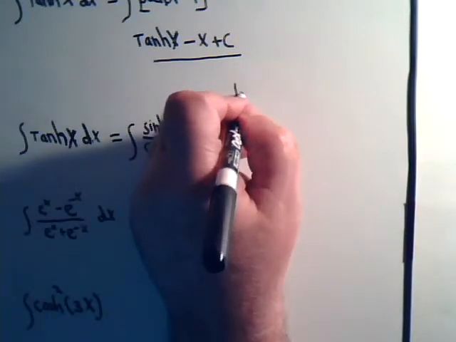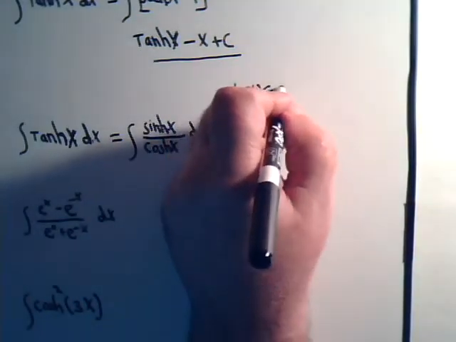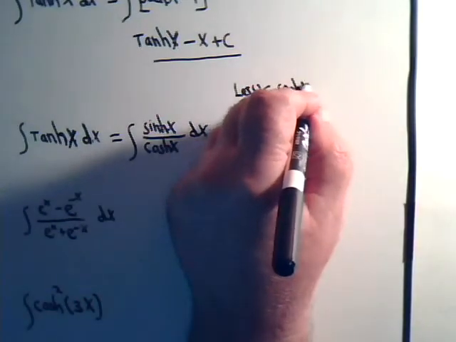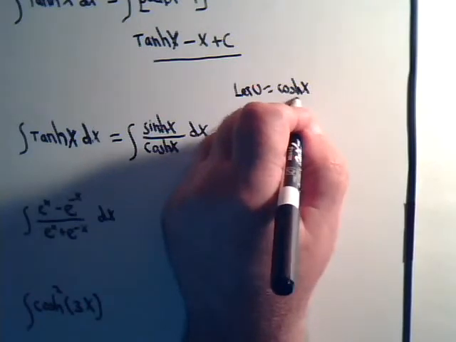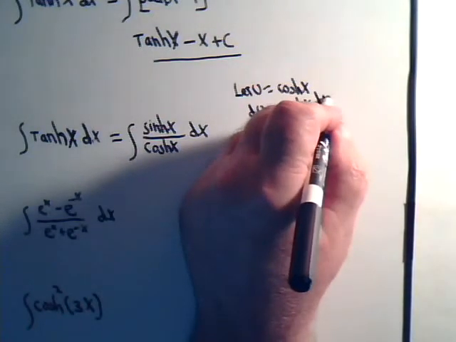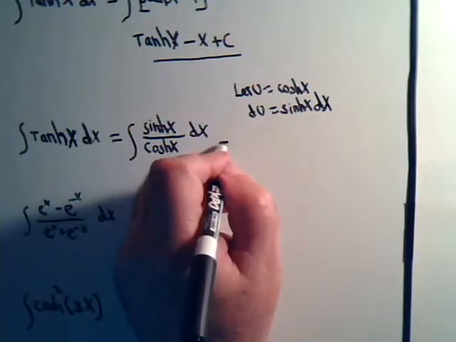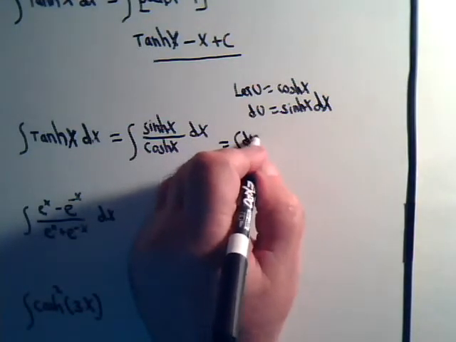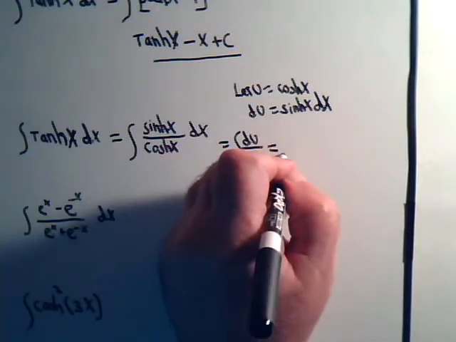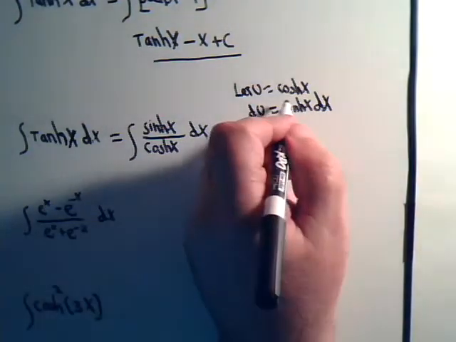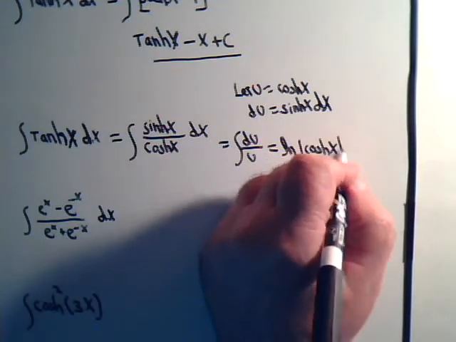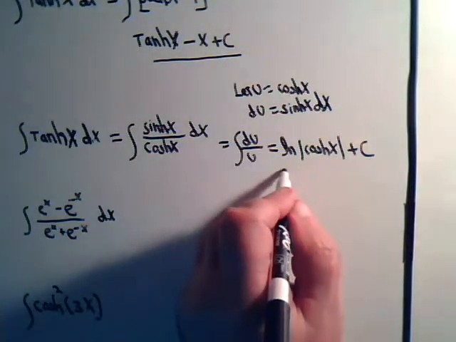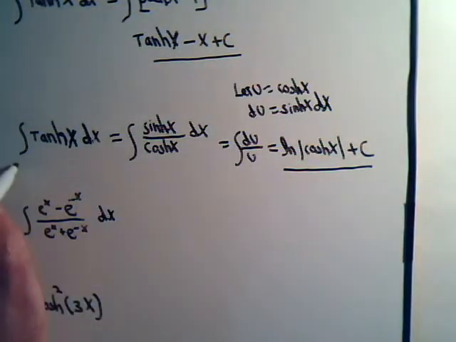So if we say let u equal the hyperbolic cosine, then du will equal plus the hyperbolic sine of x dx. So this would be equal to the integral of du over u, equal to the natural log of u, so this would be the solution to this integral.